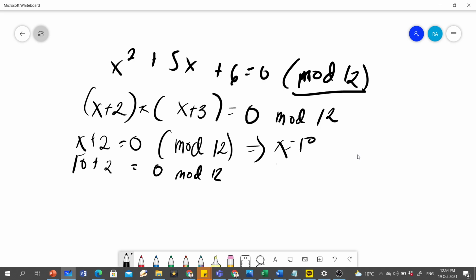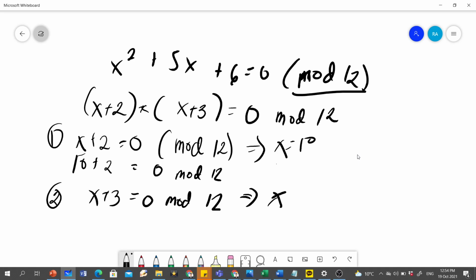Then for the other term, x plus 3 equals 0 mod 12, x should be equal to 9. So you get x equals 10 or x equals 9.